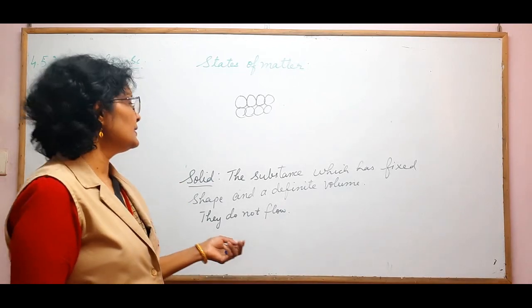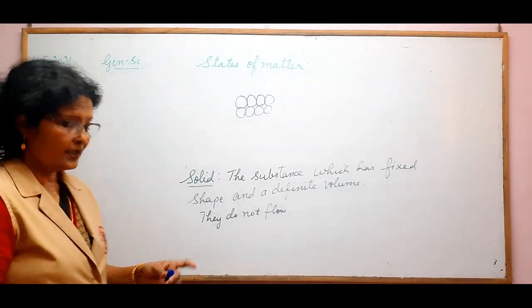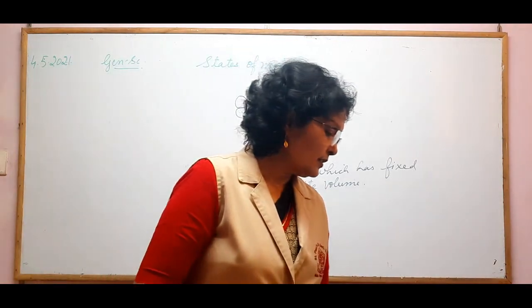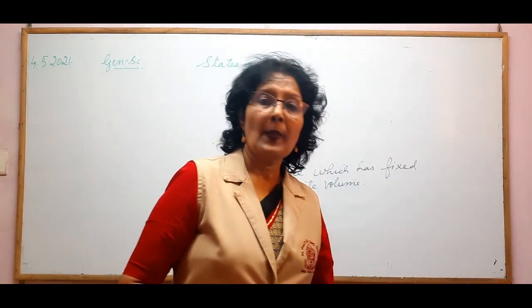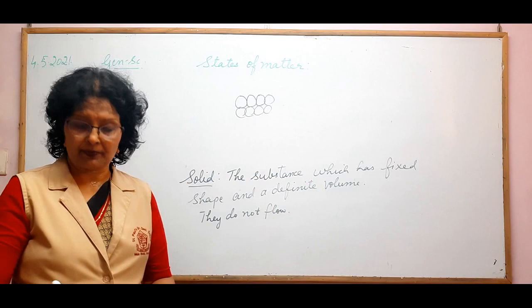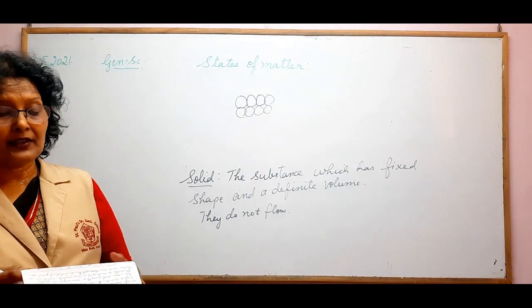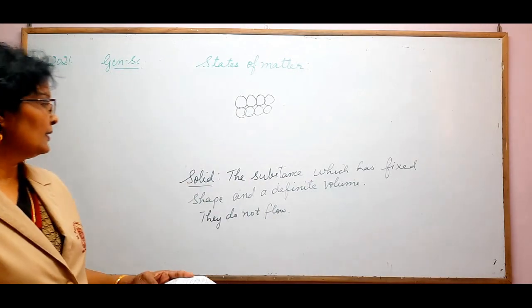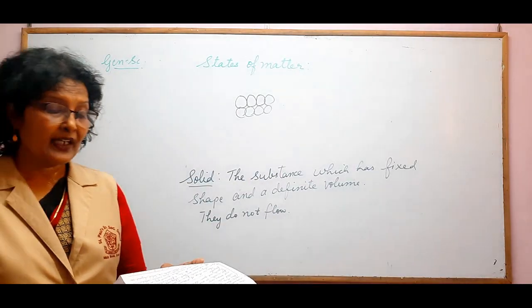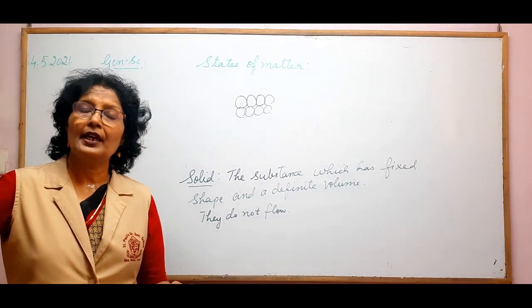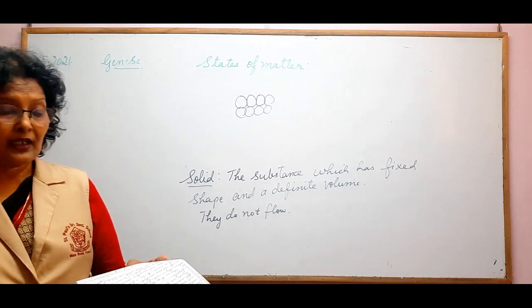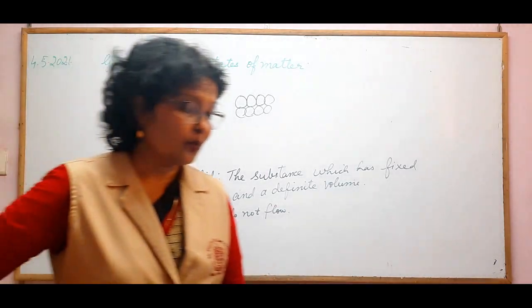So, this is solid, you can say the substance which has fixed shape. The substances which have fixed shape and definite volume are called solid. They are hard, okay, and they retain their shape. Now, they do not flow.